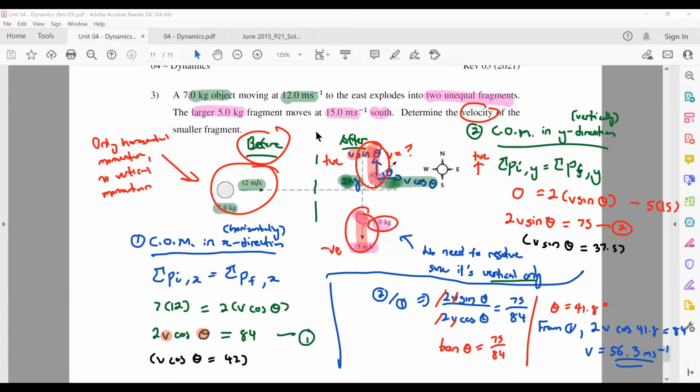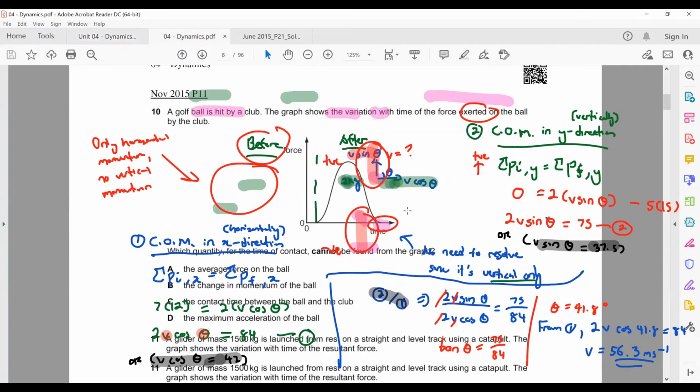So some people may have tried to simplify further, where they just say this equation divided by this equation gives me the same answer. It doesn't matter which one you use. You can still do either one also. All right, so this one is okay.